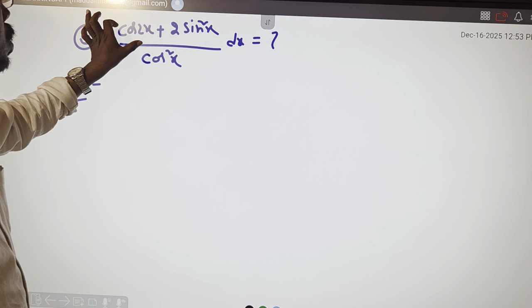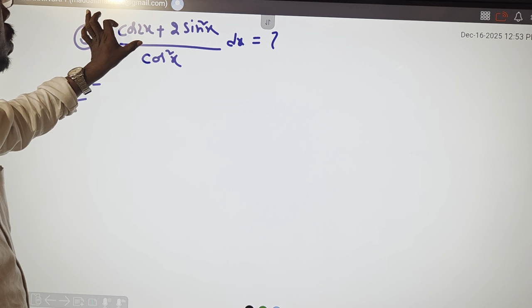Again I am writing, so apply these three formulas depending on the situation. If after the plus you see 2 cos square x, we can apply that formula. Here sin square x gets cancelled by 1 minus 2 sin square x, so we can apply this formula. Whatever formula is required, we need to identify ourselves.